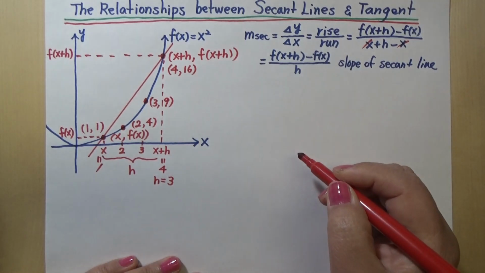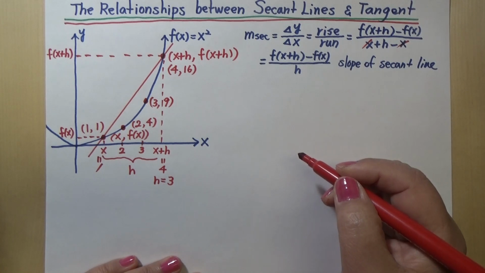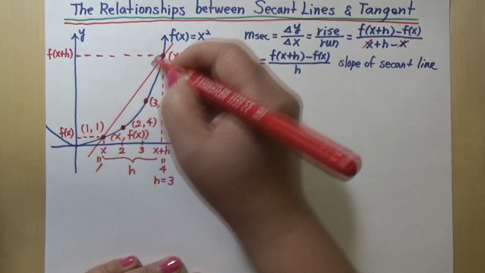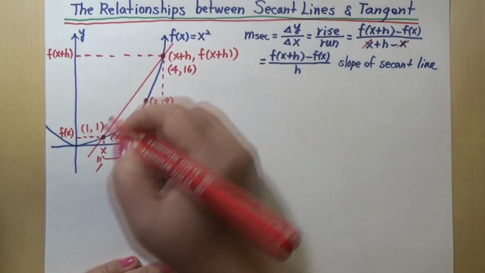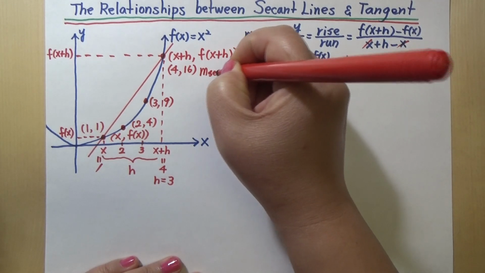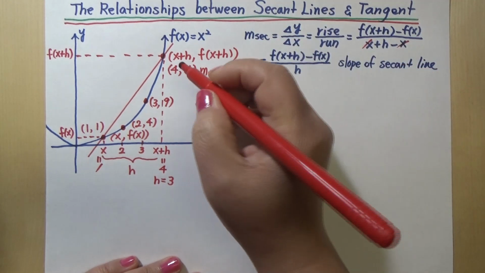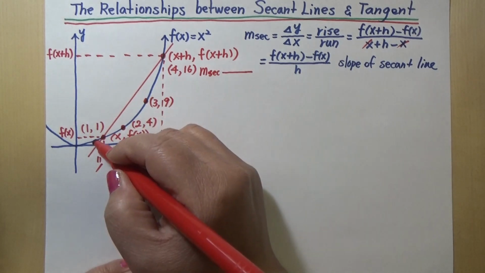And now I'm going to find the slope of each secant line. So I'm going to find this secant line's slope. So m secant, so change in y over change in x, so this point and this point.